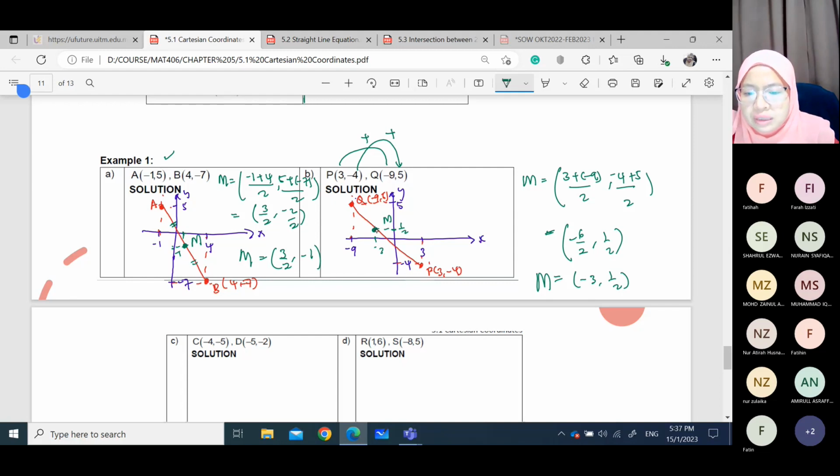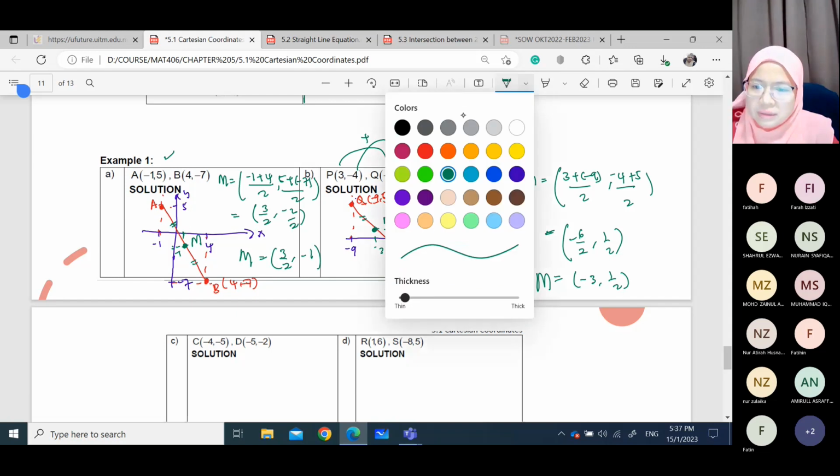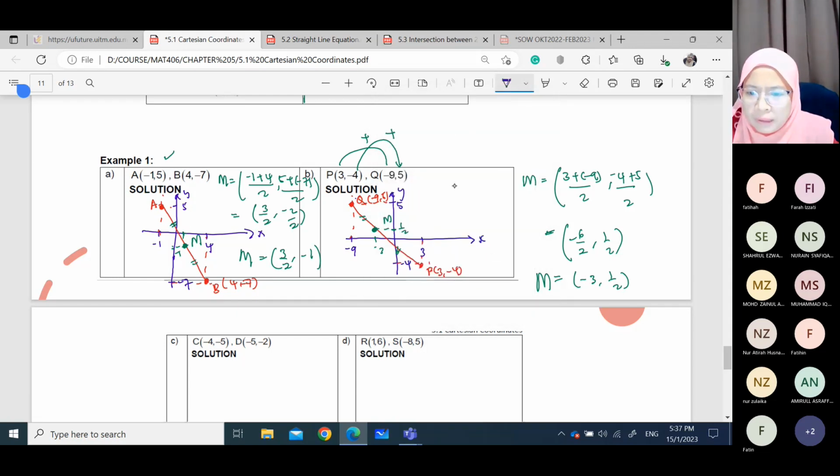So distance between M to Q and M to P are equivalent. Okay, faham? Ataupun in other words, we can say that MQ and MP are equivalent.